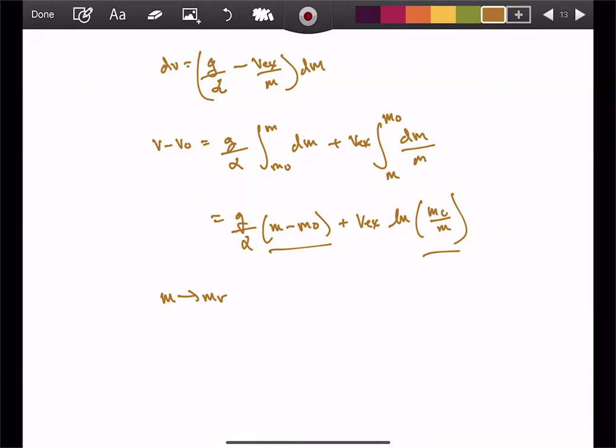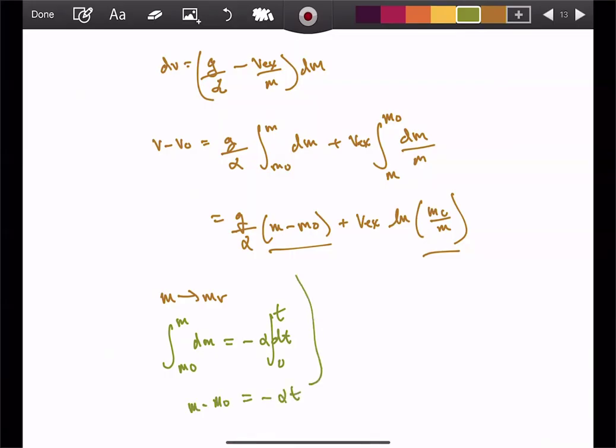Now, to do that and show that that's actually true, let's start off with our dm is equal to minus alpha dt. Right, let's go back to this. So let's integrate both sides of this. I'm going to integrate from my initial mass to my final mass. This side I'm going to integrate from my initial time to my final time. We're going to say my initial time is simply 0. So in this case, we're going to get m minus m initial is equal to minus alpha t.